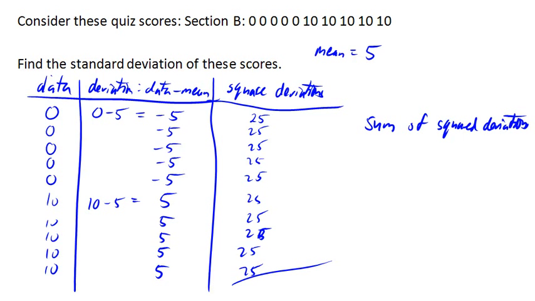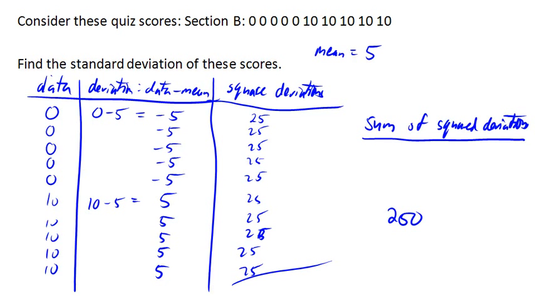And then I'm going to divide it by, not how many... Well, what we divide by depends upon whether our data was coming from a sample, in other words, from a sampling of all of the data, or whether it was representing the whole population.